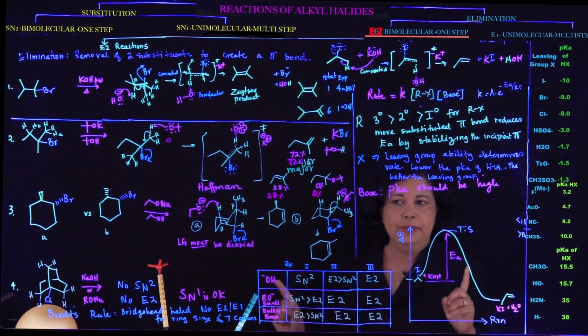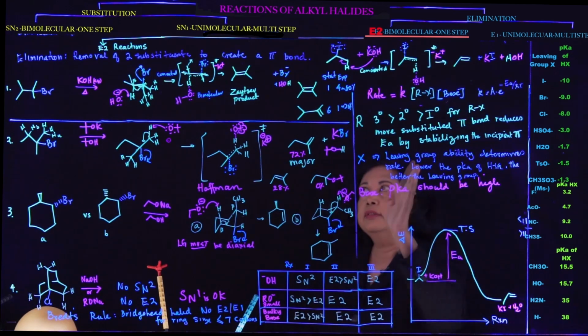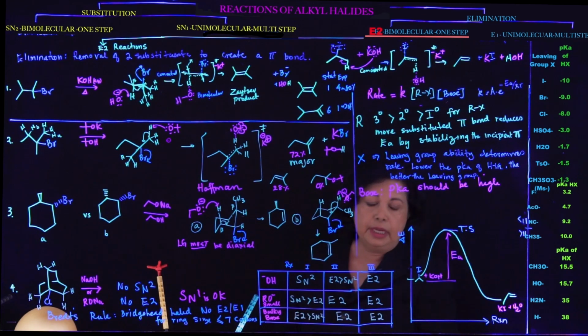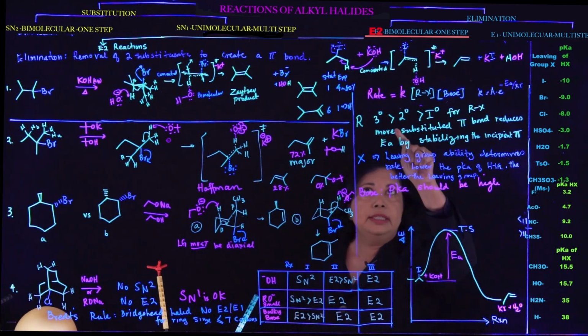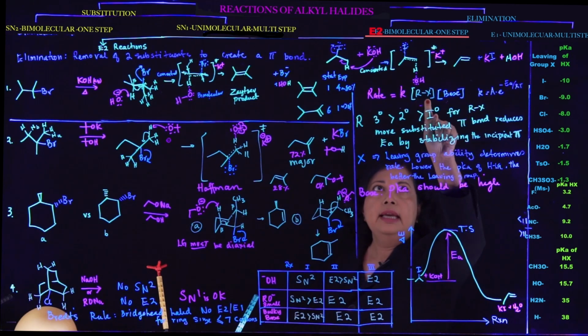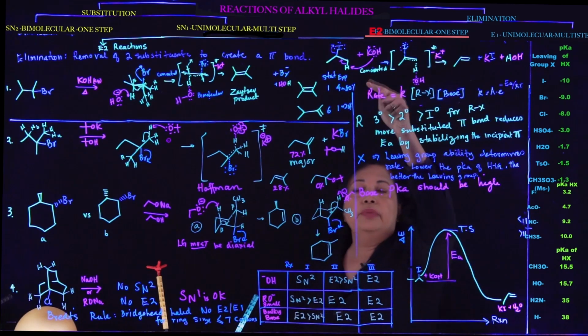So a couple of things here. One of the things that I'd like to talk about are the factors that affect E2 reactions, bimolecular elimination reactions. Well, you can see in the rate expression, there is an alkyl halide and a base. So when you double this, then the rate would double, or if you double this, then the rate would double.